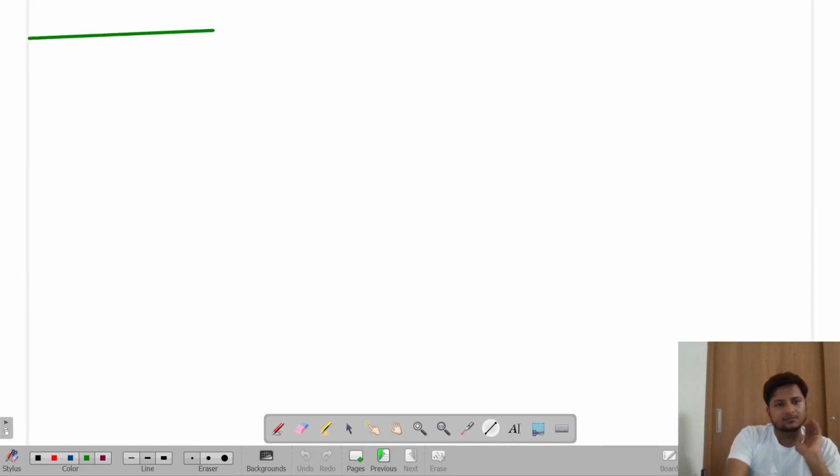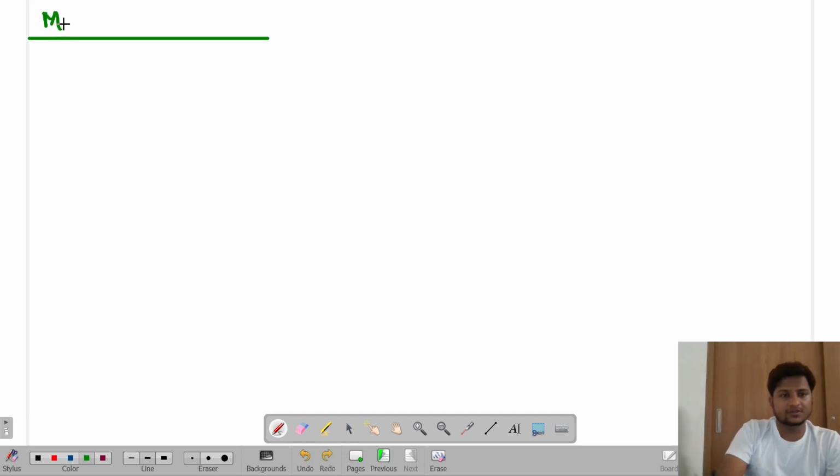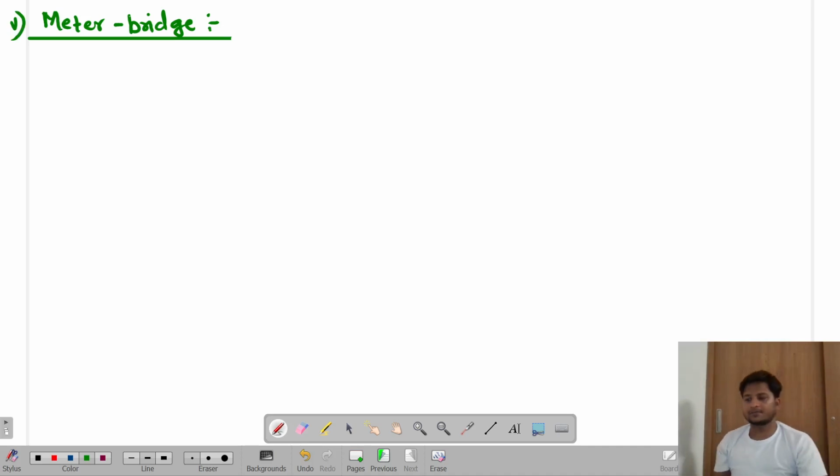The next experimental setup is my meter bridge. I think this is the fifth one, isn't it? Now, as we see, it has so many important components.